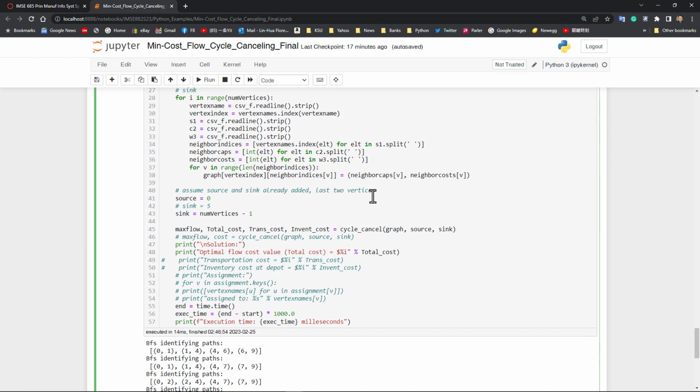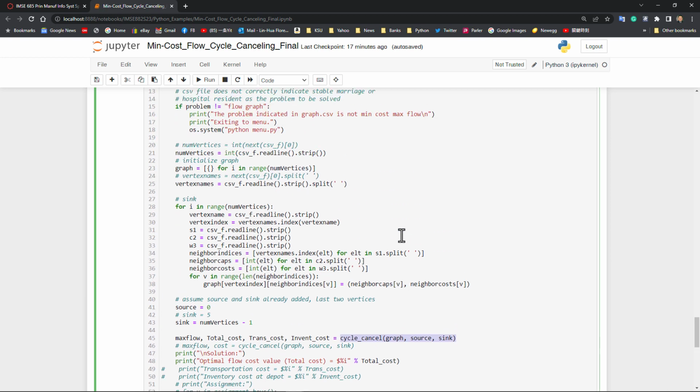So for this particular example, the source node is 0. I'm going to call the cycle canceling algorithm, giving it the graph I just built. The graph is empty, and there's a whole bunch of number indexes for each node.